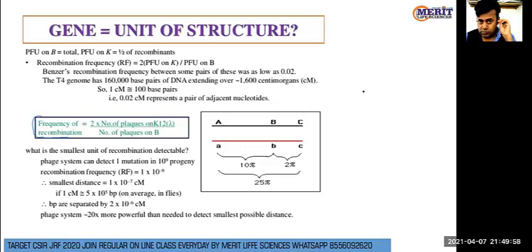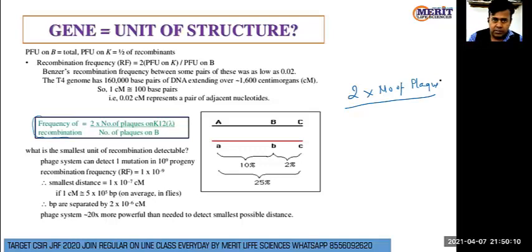So this will be 2 multiplied by the number of plaques. 2 into number of plaques on K12 lambda upon number of plaques on B. Okay, number of plaques on B.